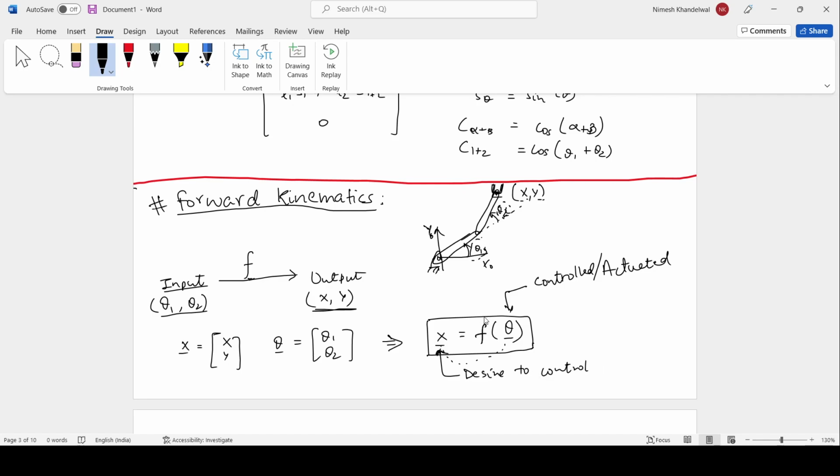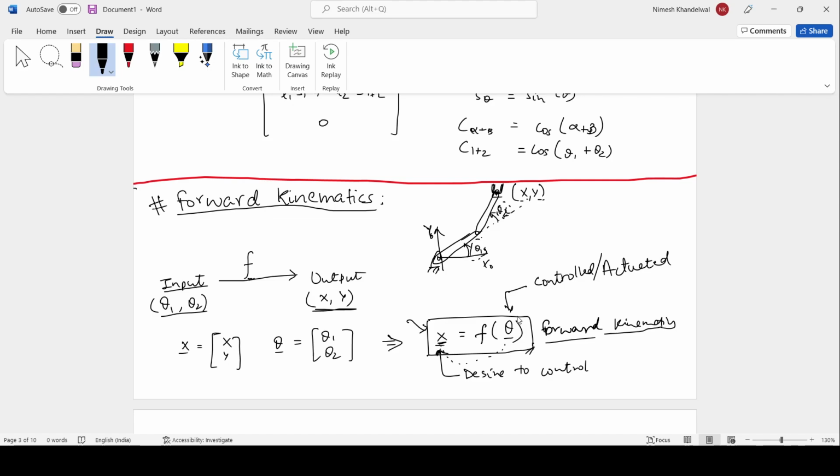So this mapping F is called the forward kinematics. As simple as that. And how do we get the coordinates of the end effector?